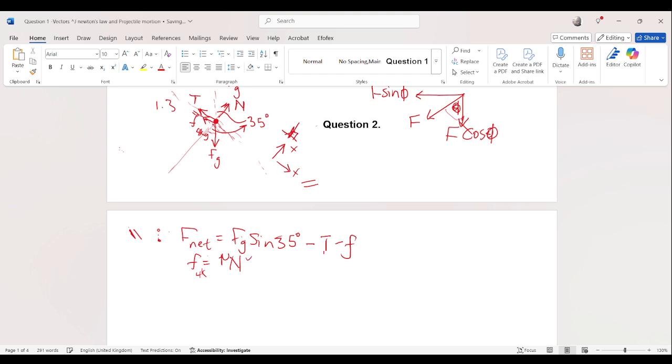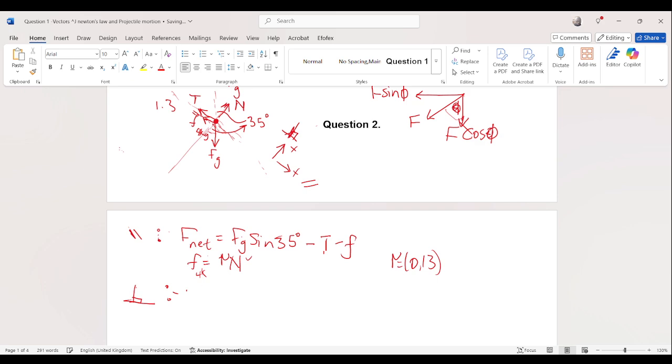The mu in this case was given as 0.13. So to calculate the normal force, we have to resolve the forces in the perpendicular direction.